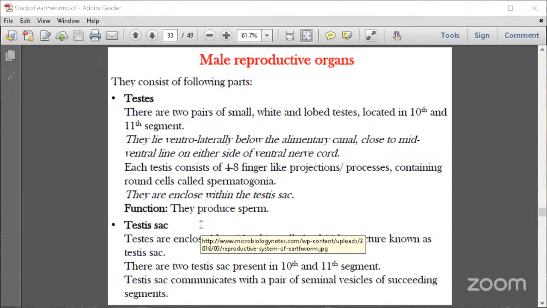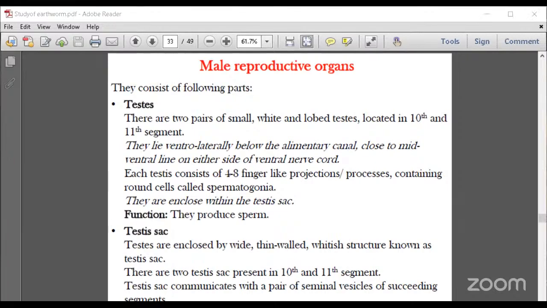So, what is the function of the testis? They produce sperm. Now the testis sac is a wide, thin-walled, whitish structure, and there are two testis sacs present in the 10th and 11th segments. The testis sac communicates with a pair of seminal vesicles of the succeeding segments.